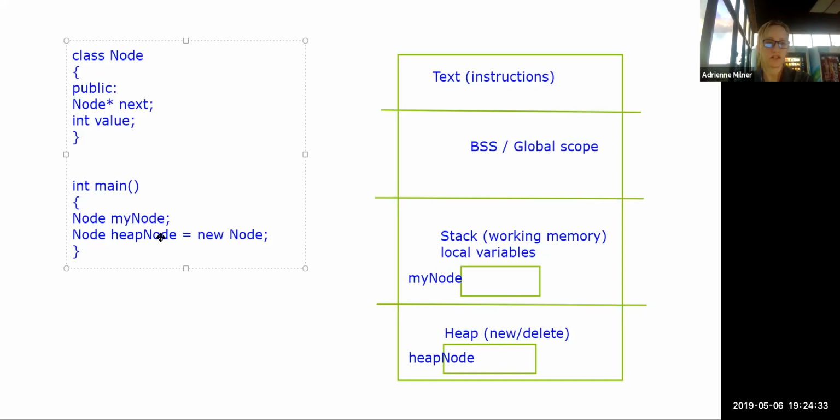What we have here with the heapNode is what we would call a memory leak. The heapNode has been allocated on the heap, but it has not been deleted. If you're explicitly asking for memory, you explicitly have to release the memory as well. You need to delete it.